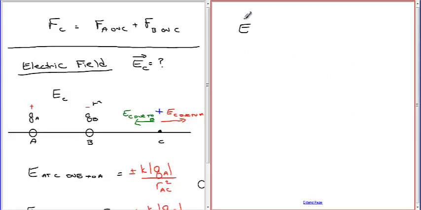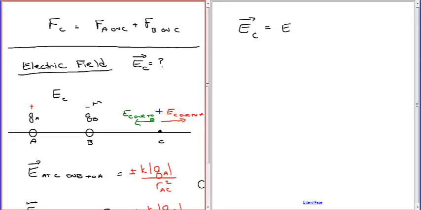So to get the combined electric field at C, you're just going to add those two together. I'll put a vector in here because we do show the direction by the sign.